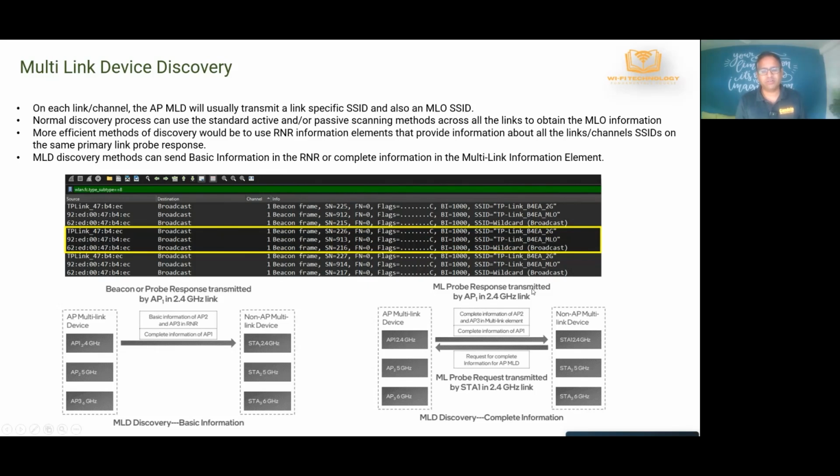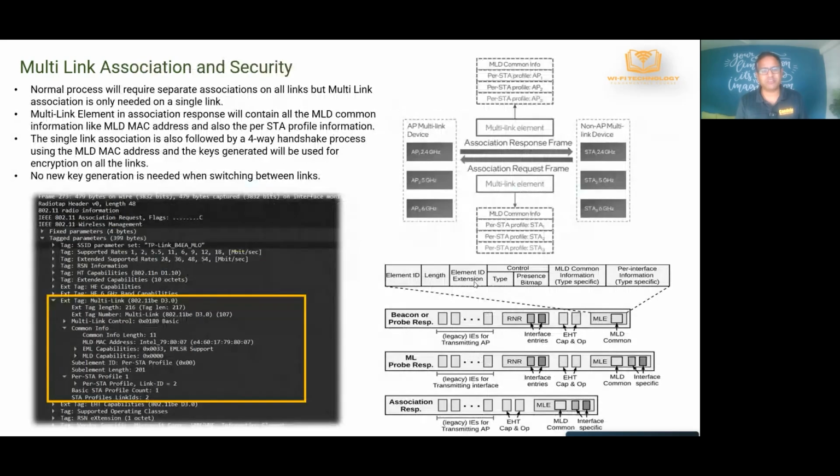In the connection process, we have what we refer to as a new information element when multi-link association is happening. During the probe, authentication, and association phases, these management frames now have a new information element called the multi-link element, right? The multi-link element is a new information element that will go in beacons, probe responses, association responses and so on.